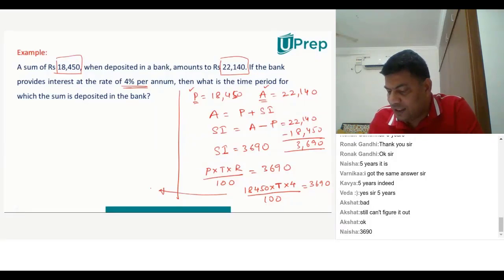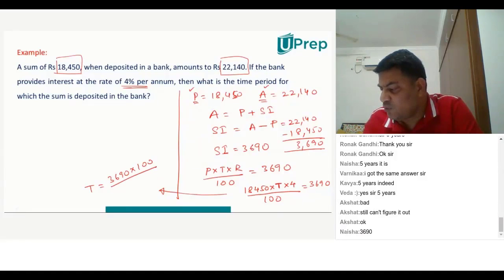You get T is nothing but equal to what? T is nothing but 3690 multiplied with 100 divided by, you just transpose this, right? This goes there, and this 4 and 18,450 will come down. So 4 into 18,450.